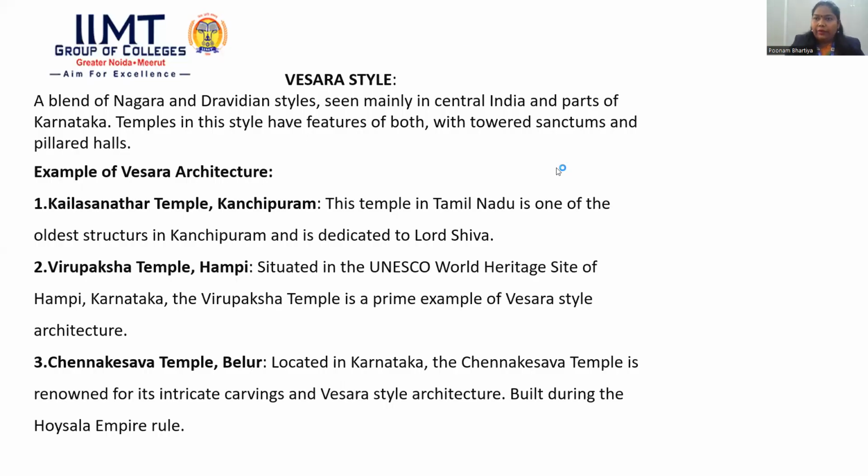The last style of temple architecture is basically a blend, the Nagara-Dravidic style of architecture. It is a blend of features from both architecture styles, Nagar and Dravid, seen mainly in Central India and parts of Karnataka.